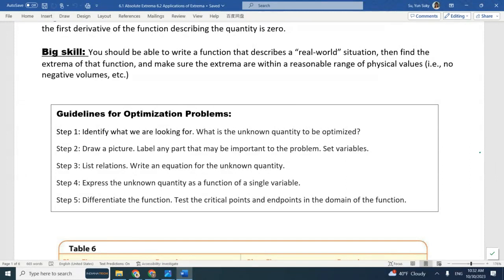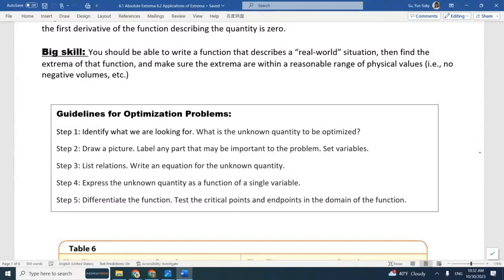You want to build a rectangular garden or region, but you only have 200 feet of material. You want to find the maximum area with the limited materials. So all these are optimization problems.